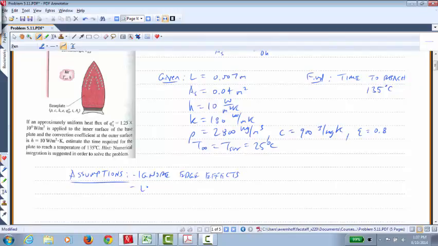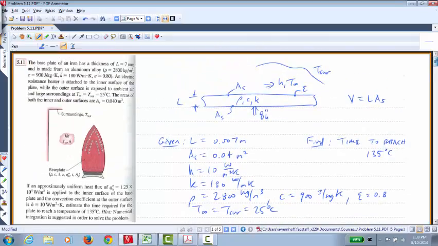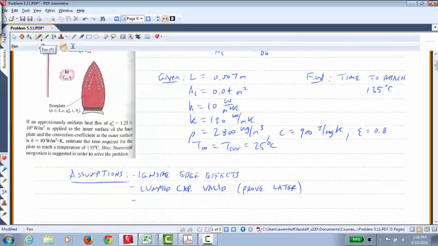We're going to say that the lump capacitance approach is valid, although we're going to have to prove it later on. So, with these two things in mind, we're going to solve the problem. And the third thing we're going to assume is that the properties of the material are independent of temperature. So we'll say constant properties.